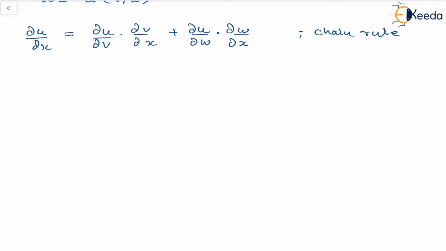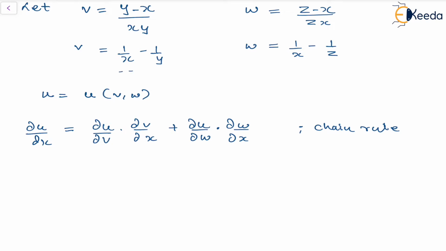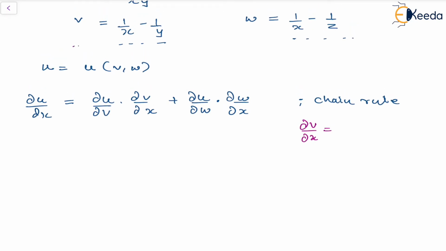Dou v by dou x is the partial differentiation of v with respect to x, so y will be taken as constant and this will become minus 1 by x square. Similarly, dou w by dou x will be the partial derivative of 1 by x minus 1 by z, treating z as a constant, and this will again be minus 1 by x square.